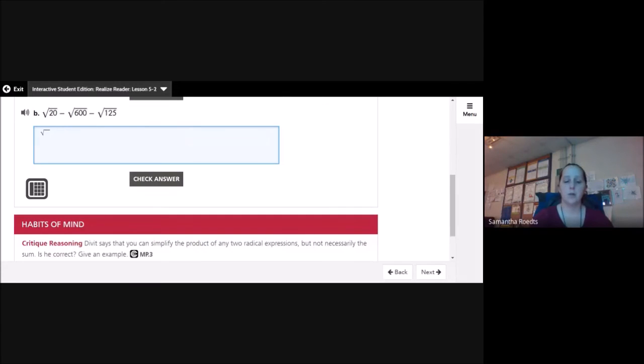Square root of 20 becomes 4 times 5 minus square root of 600.